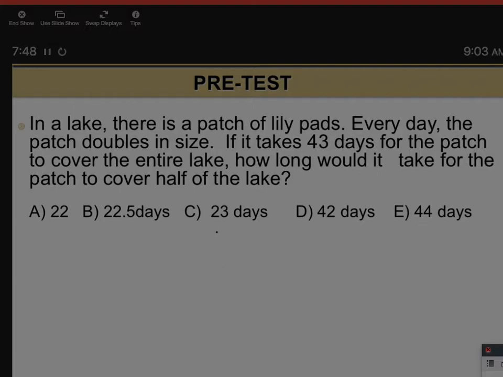Okay, one more simple pretest question. In a lake, there's a patch of lily pads. Every day, the patch doubles in size.